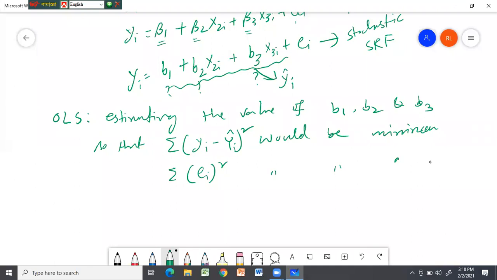For example, I will show you only for B1, and then B2 and B3 will also be calculated using the same approach.